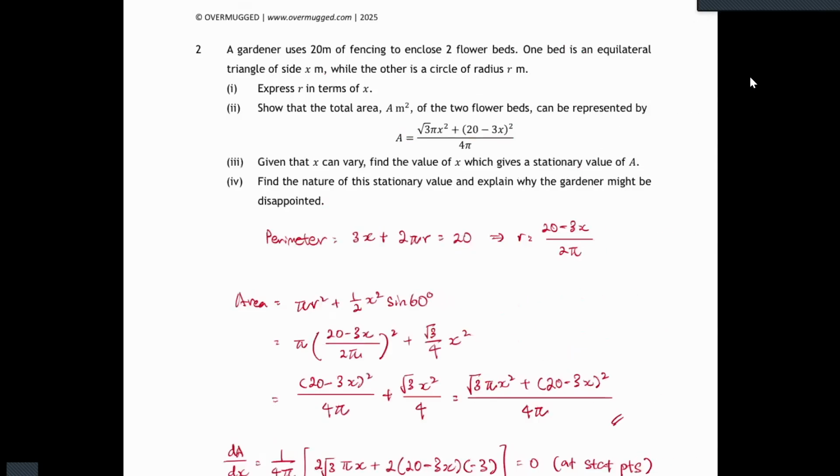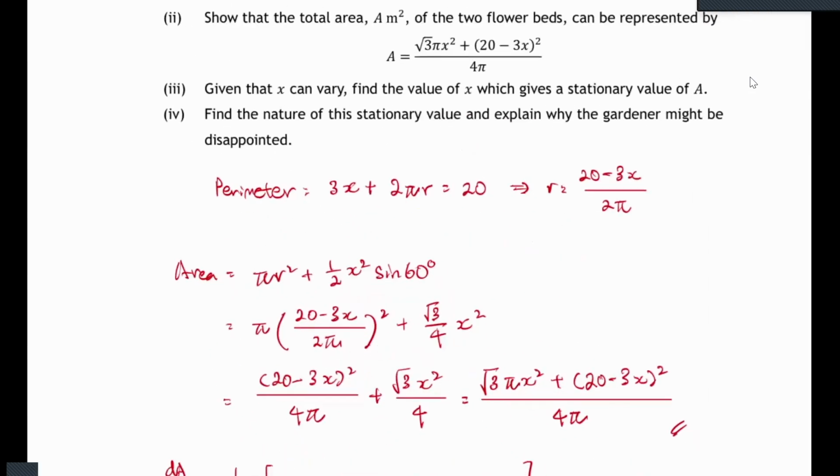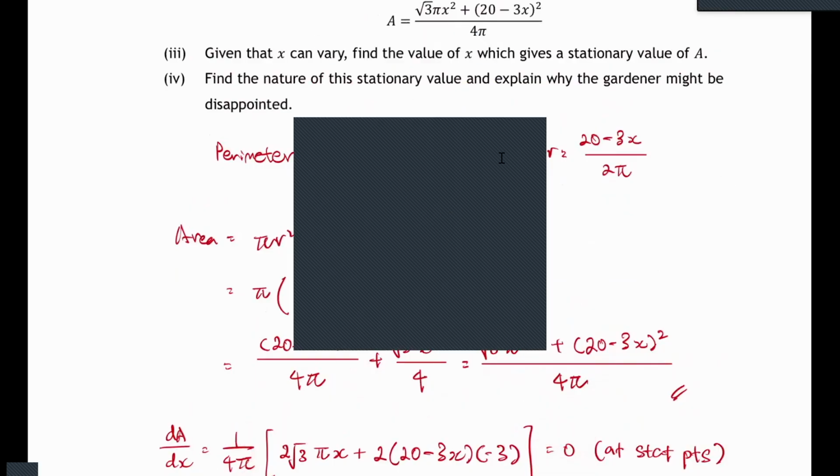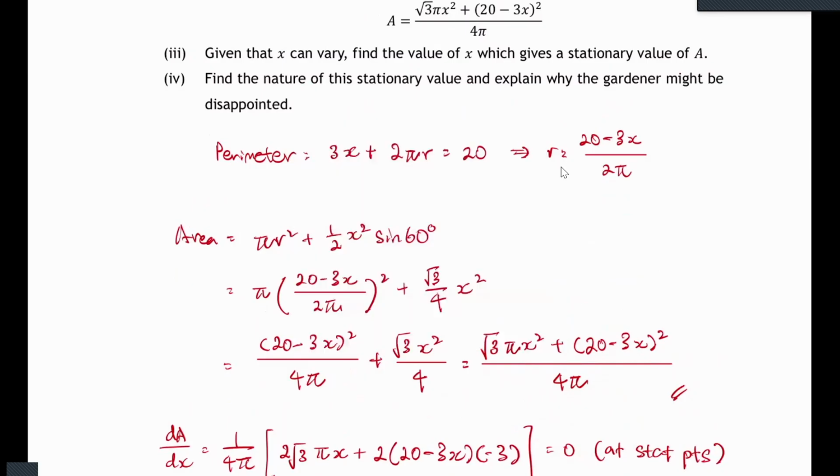Okay, let's go through. After we solve, we'll differentiate this expression. Here there's a 1 over 4 pi, which we technically can ignore, because later when we equate to 0, I can just divide over, it's just a constant. Can see my screen?